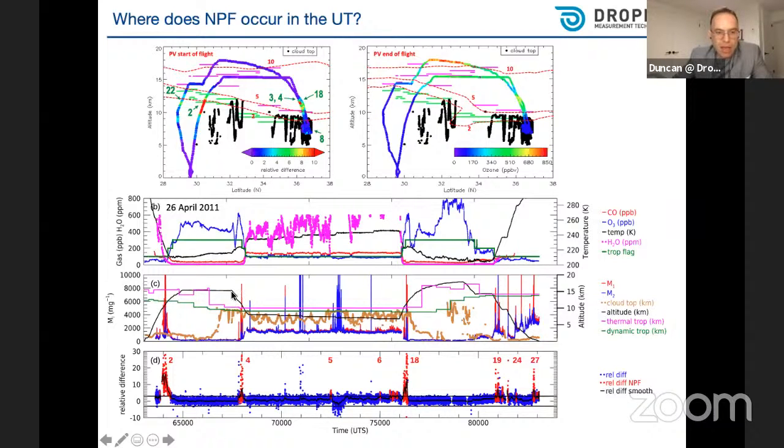And again, when the aircraft descends through the tropopause on the poleward side now, we see there's another event. And then we see another strong event when the aircraft penetrates again the tropopause, and again when the aircraft descends through the tropopause.